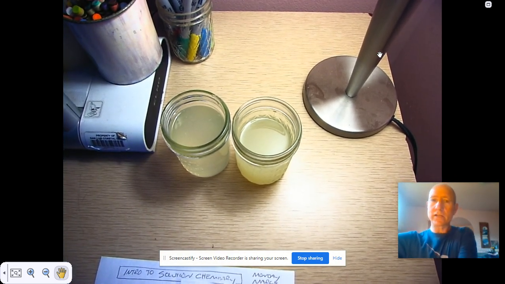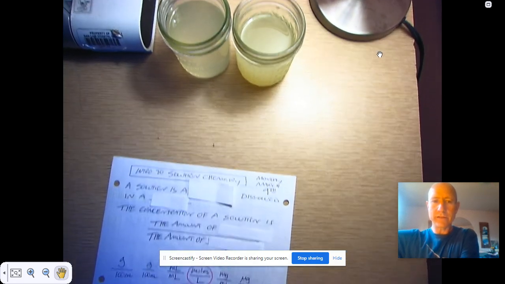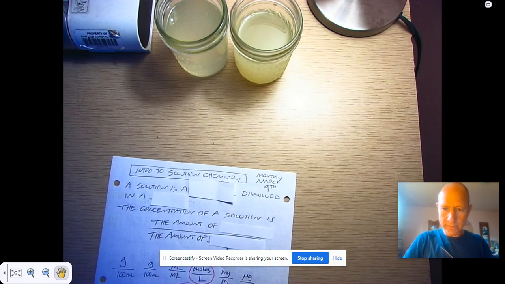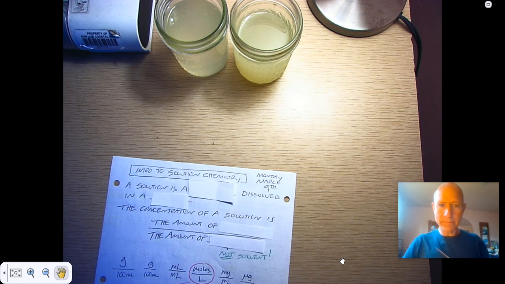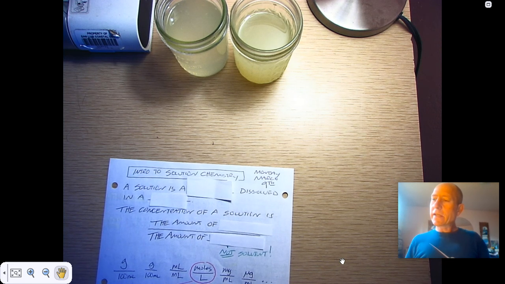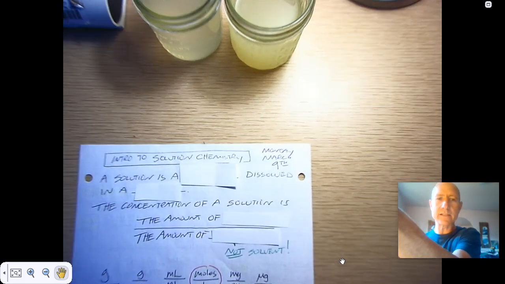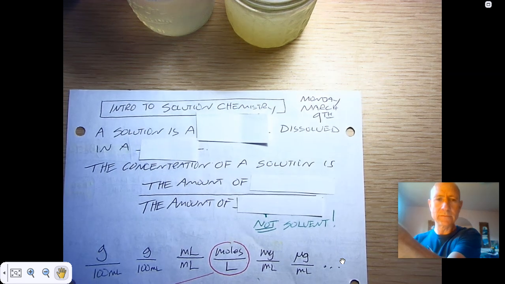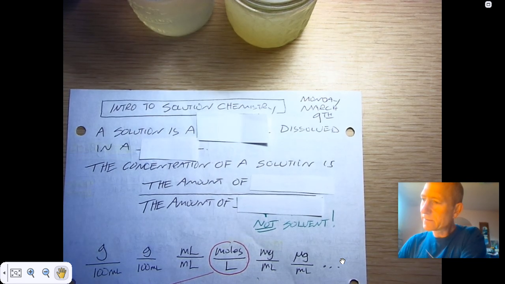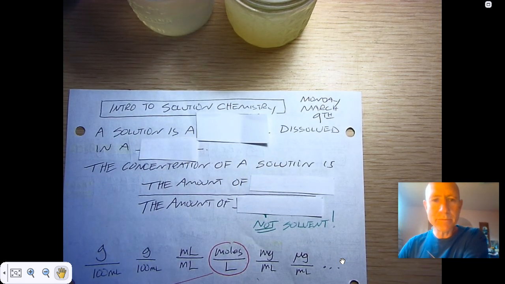This is what we left off with right here. Okay, so intro to solution chemistry. What we said is that a solution is a something dissolved in a something. You guys remember what those somethings were?